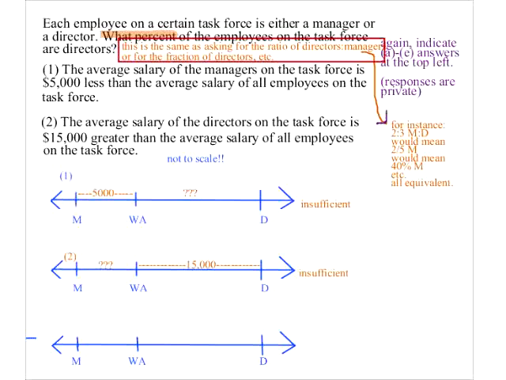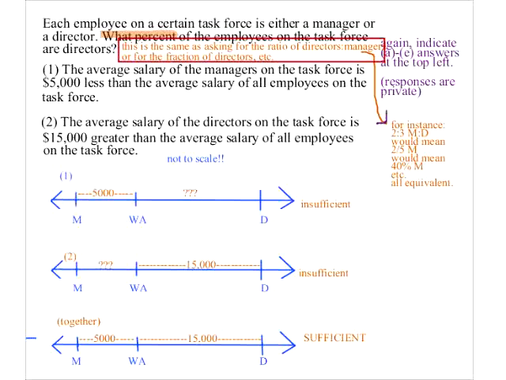In this case, if you have them together, then the weighted average is, this is 5,000, this is 15,000. So this is sufficient.